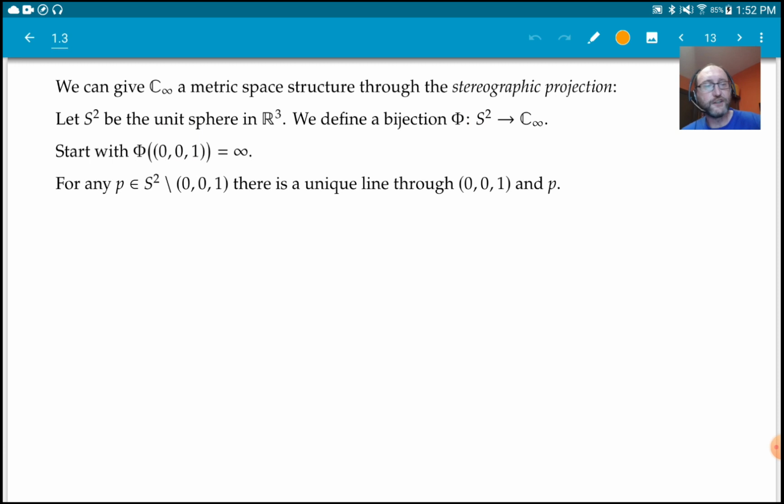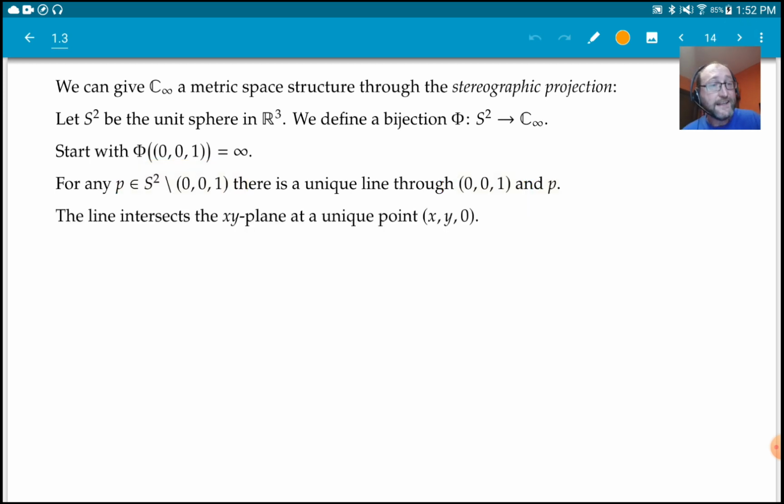And then for everything on the sphere that is not the North Pole, there is a unique line through the North Pole and that point, right? Because now I have 2 distinct points, so there's a unique line through them, just by basic geometry.